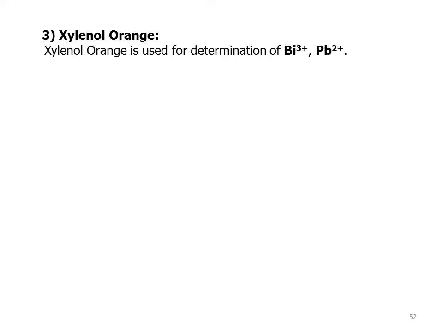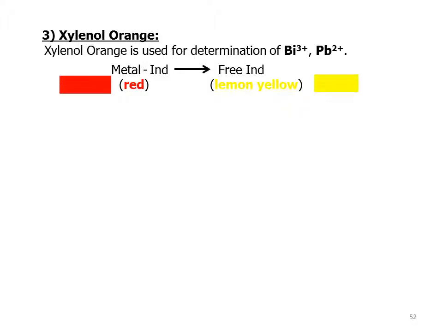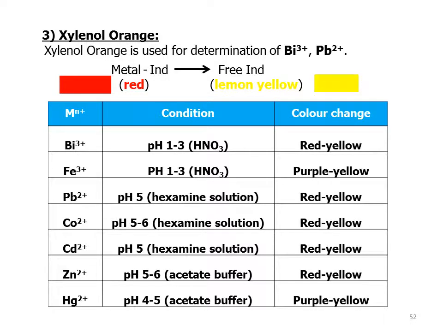Third metallochromic indicator we have is xylenol orange. Xylenol orange is used for determination of bismuth and lead, where the difference in color, also please memorize that, between the metallized form and the free form is usually from red to yellow.